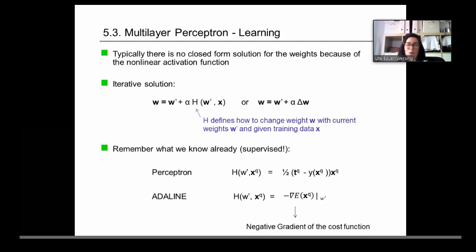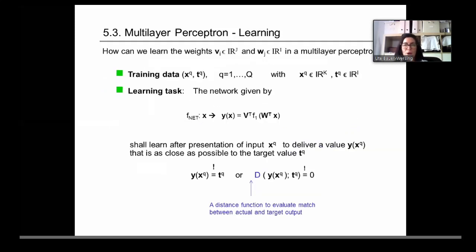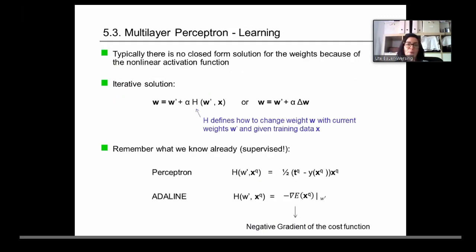Okay. So when we look at the problem, since we have multiple parameters involved, and more importantly, we have a nonlinear activation function now, it's very hard to give a closed form solution for this optimization problem.